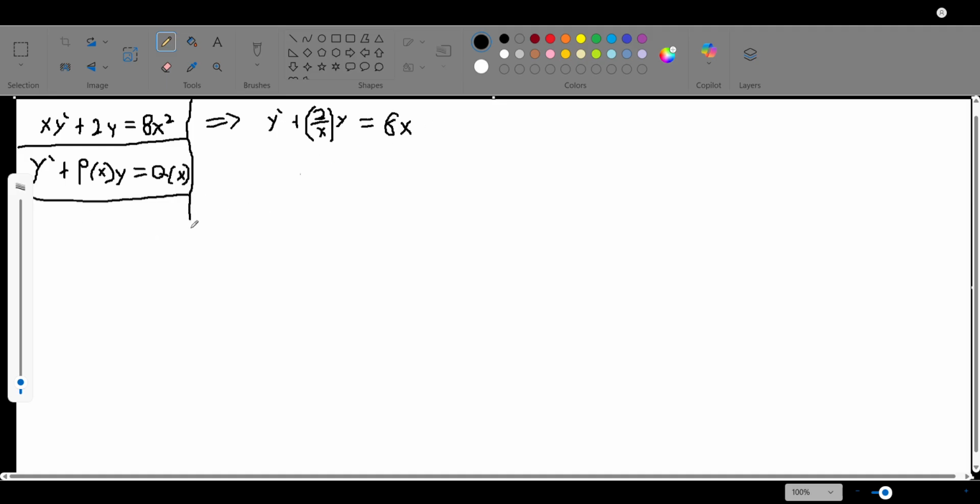We also got to remember that an integrating factor, which I also talked about in the last video, I call it I of x.